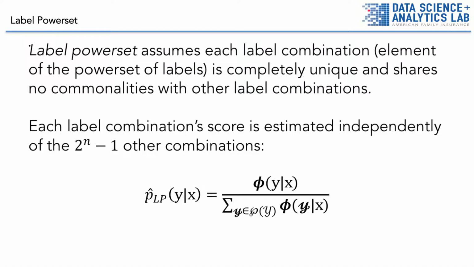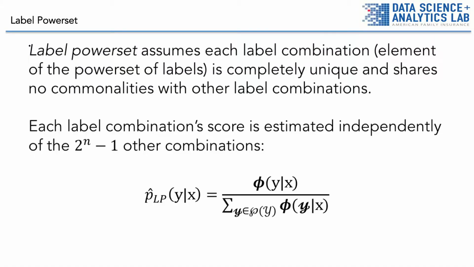So that's at one extreme of our set of options for transforming the task, where we just assume that all the labels are completely independent. This label power set method then is at the extreme opposite end of the scale, where we're going to say, actually, any combination of labels is entirely unique, distinct, and shares no characteristics with any other combination of labels that we could assign to a given input instance.